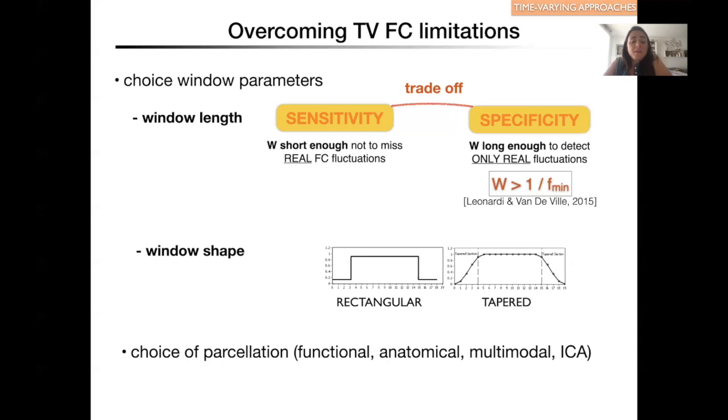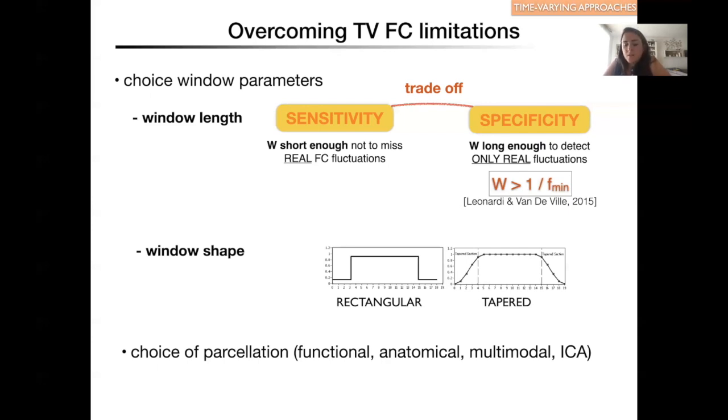Then another important choice that would influence the analysis is the choice of the parcellation, because parcellation can be based on different features. For example, anatomical features, functional ones, a multimodal parcellation, and so on.